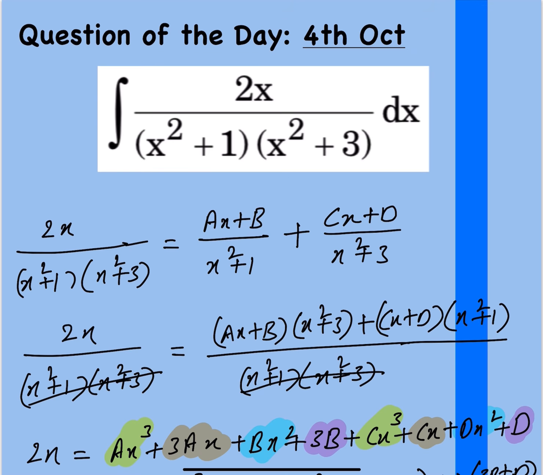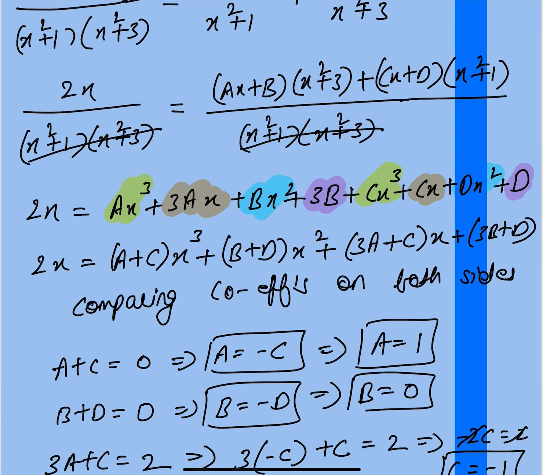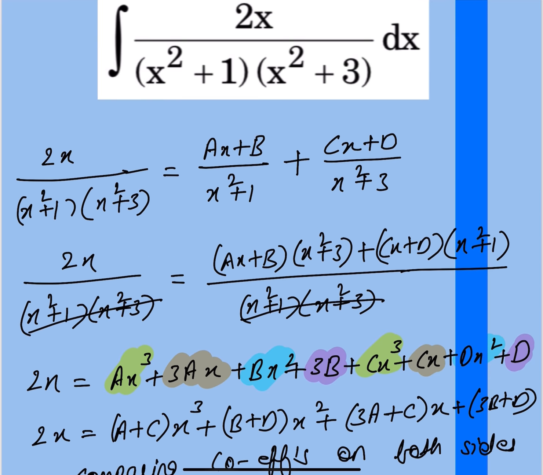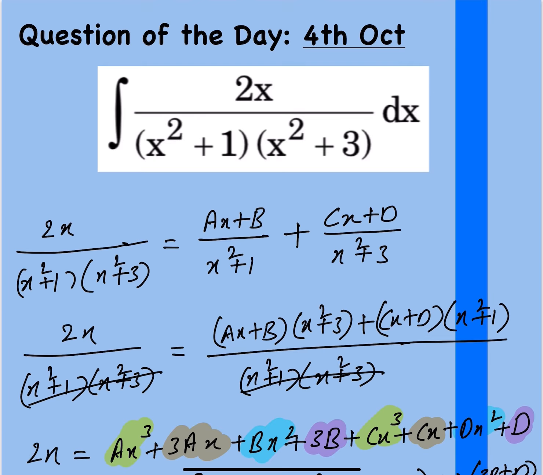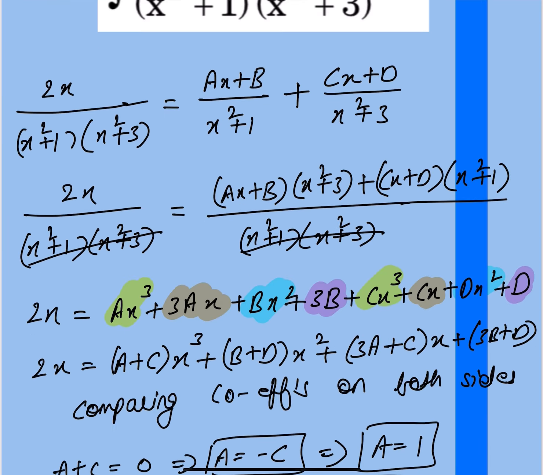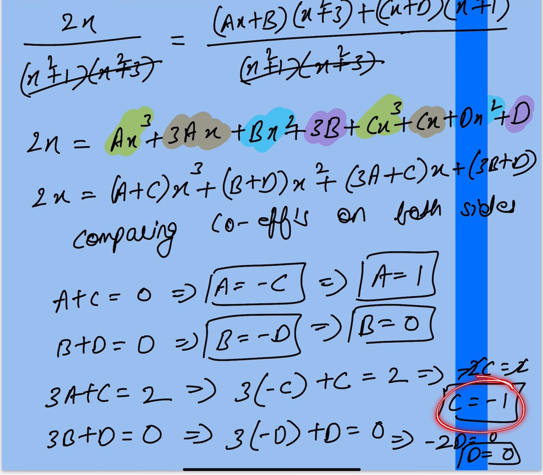In the integral we had this expression as this. So the value of A is how much? 1. B is 0. So basically it is x upon x square plus 1. Put a big bracket. Then you have plus. The value of C is how much? Minus 1.